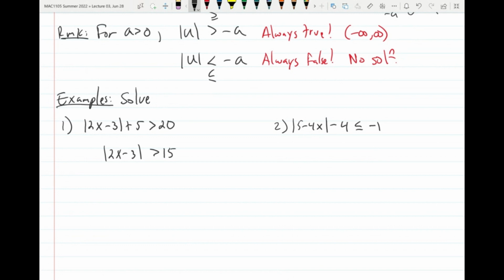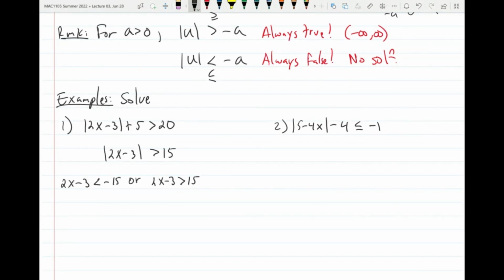So what are the inequalities that we get from here? 2x minus 3 is greater than 15, or 2x minus 3 is less than negative 15. I always prefer, just thinking about the picture, to the left of negative 15 or to the right of 15. Okay. So less than negative 15 or greater than 15.